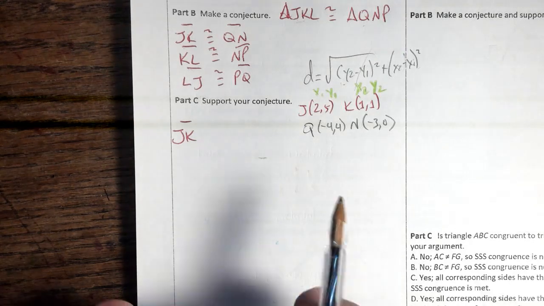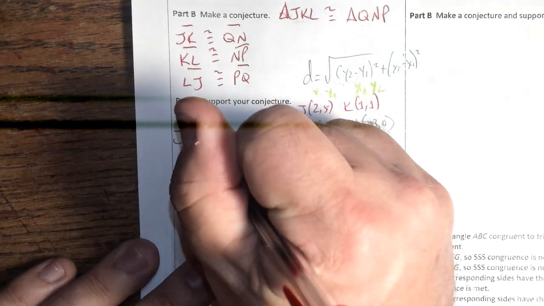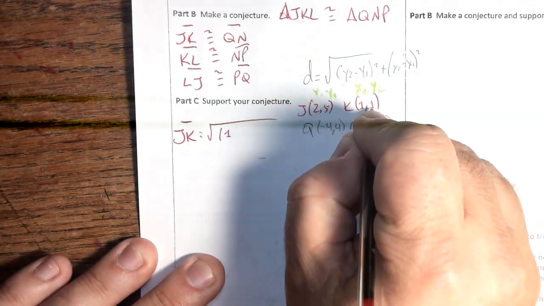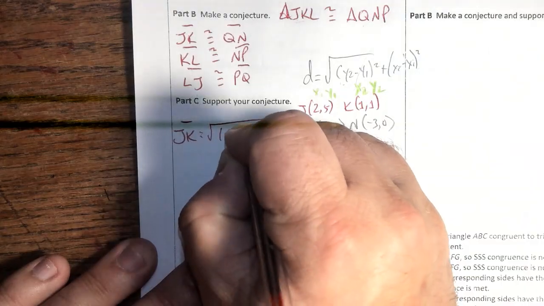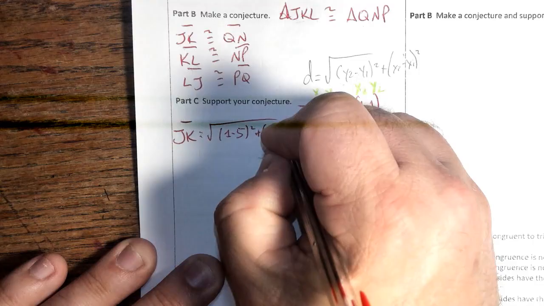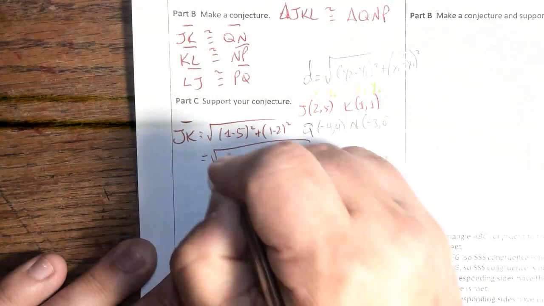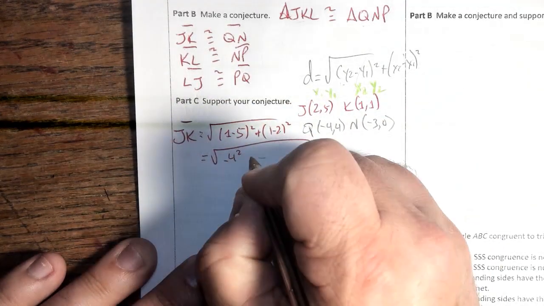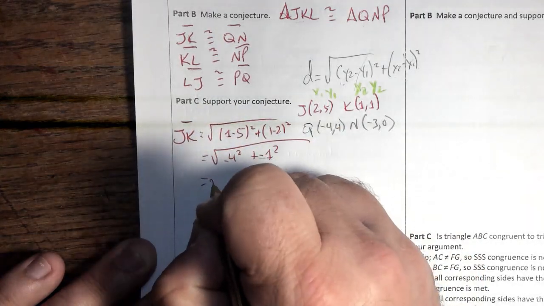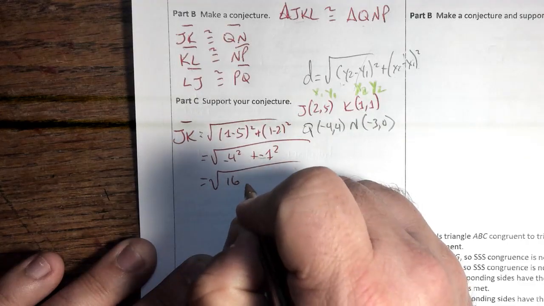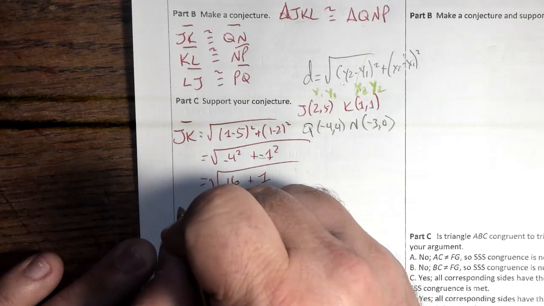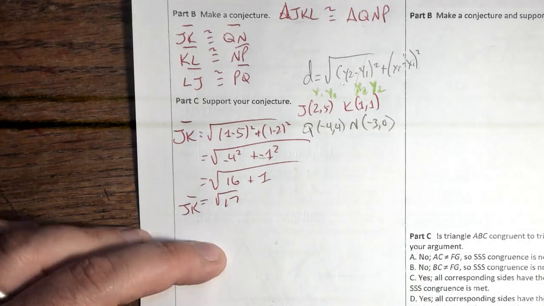So JK is going to be 1 minus 5 squared plus 1 minus 2 squared. And here 1 minus 5 is 4. 1 minus 2 is negative 1. Negative 4 squared is 16. 1 squared is 1. So JK is square root of 17.